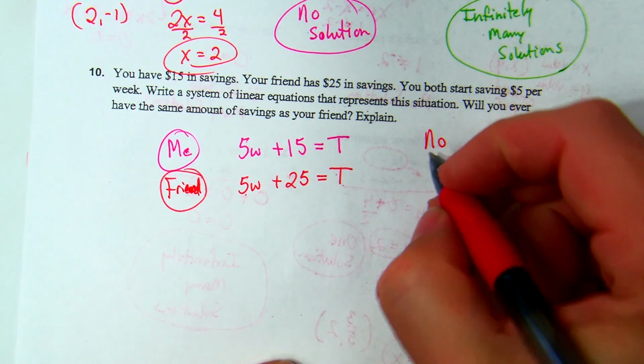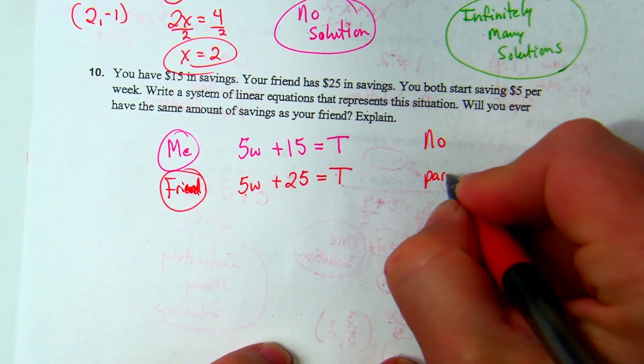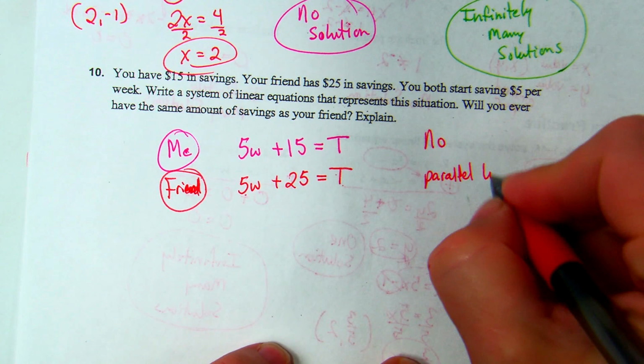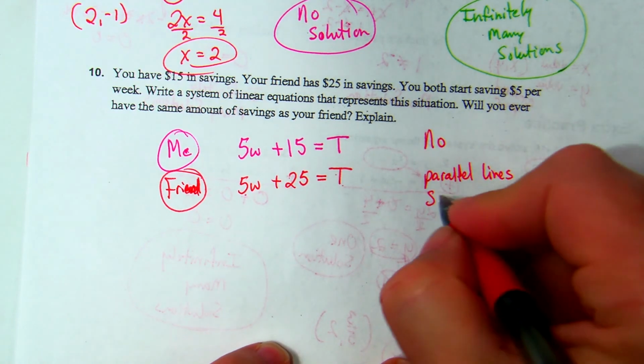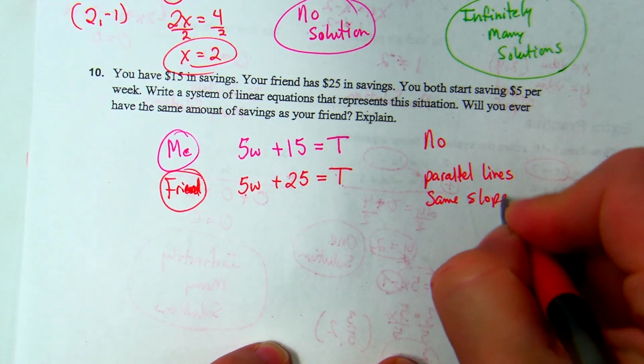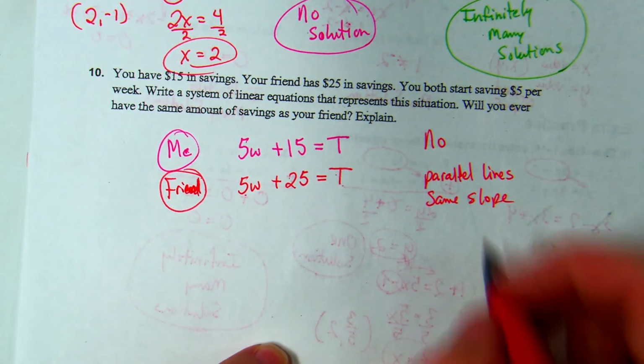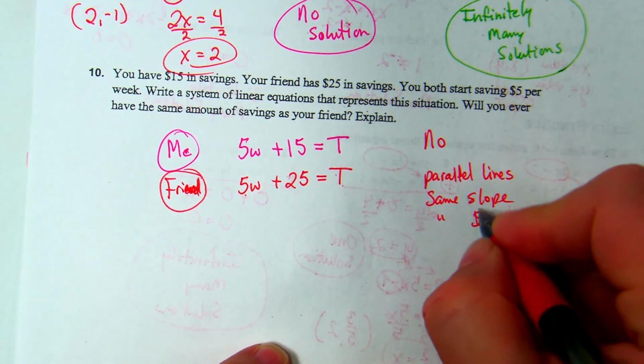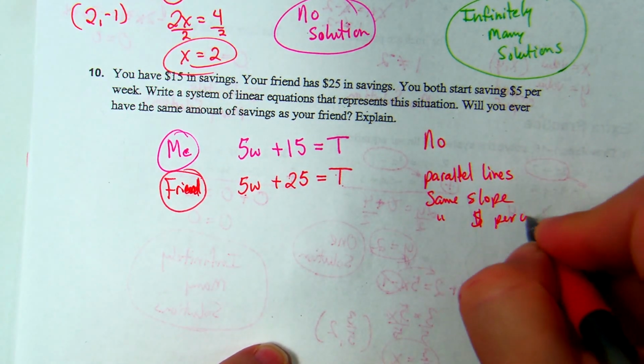And I can say that we are parallel lines. We have the same slope, because we're putting in the same amount of money per week.